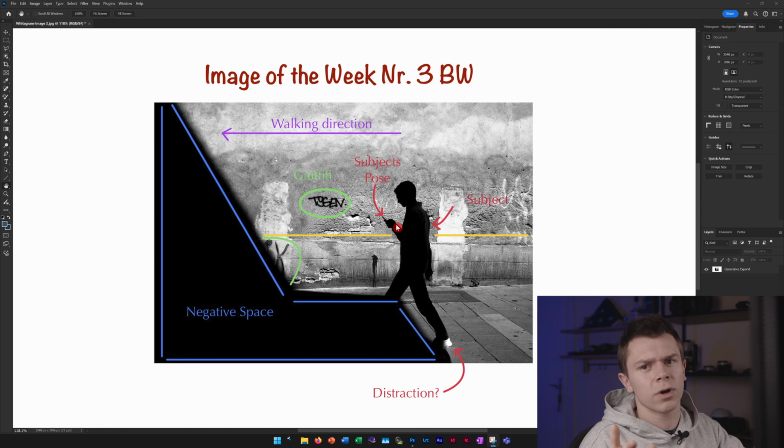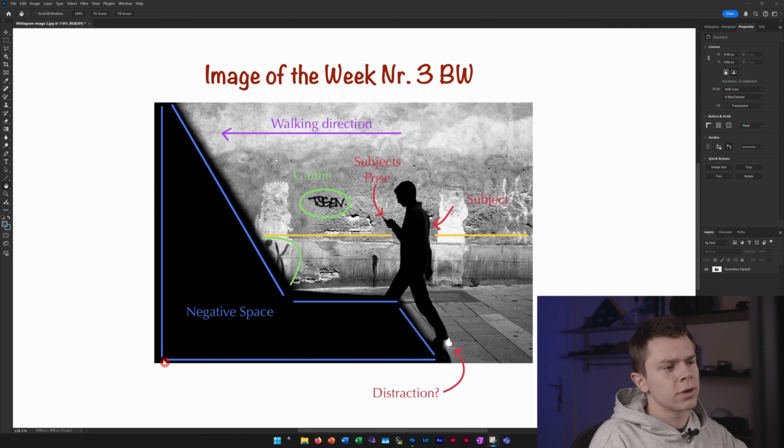Sometimes it works quite well as well. And another thing is, by putting 2/3 of the image to the left in this walking direction, I also put an emphasis on this negative space, which plays with it, and it's quite enjoyable.